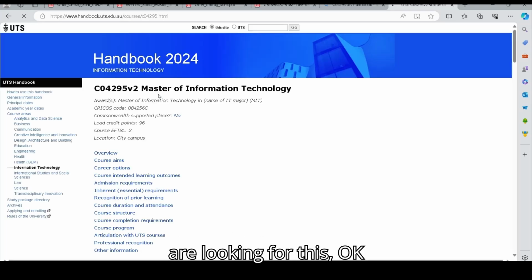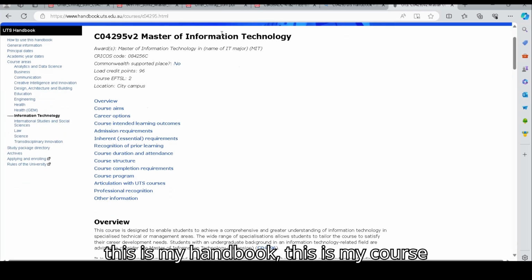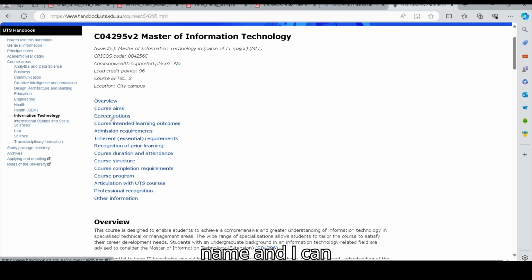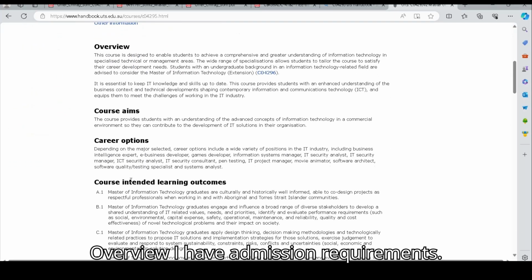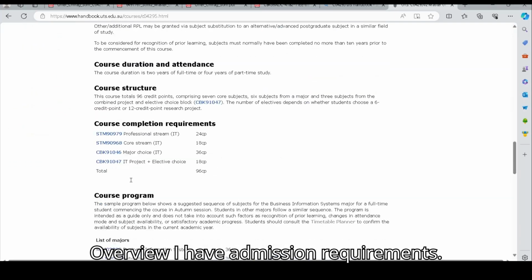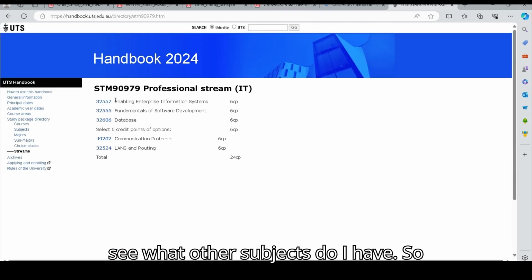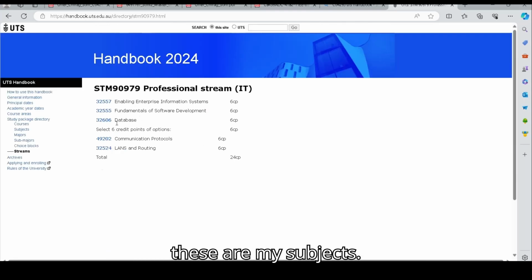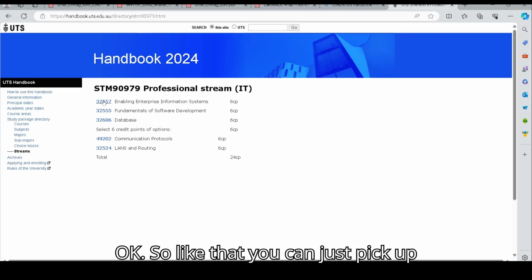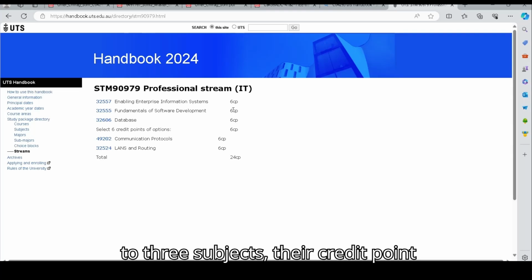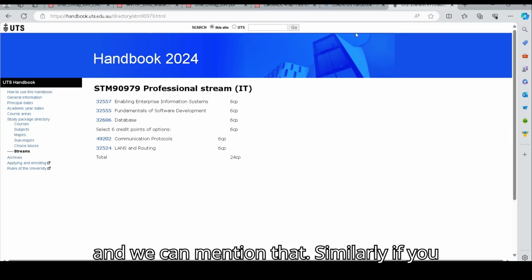Okay, this is my handbook, this is my course name, and I can see the overview and admission requirements. I can see what subjects I have. So these are my subjects. Like that, you can just pick up 2 or 3 subjects and their credit points, and you can mention that.